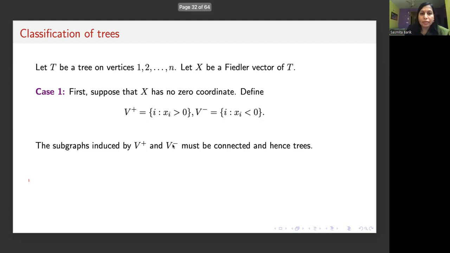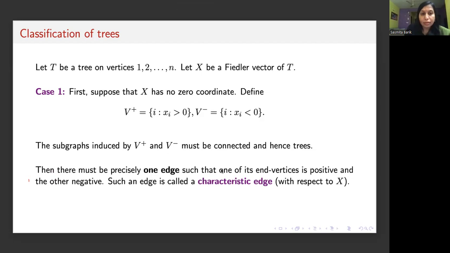By the earlier theorem, V plus and V minus are both connected, so they must be trees also. In your example you showed zeros, but another example I'll give maybe later, you can see only positive and negative vertices. So V plus and V minus must be connected, so they will again be subtrees.